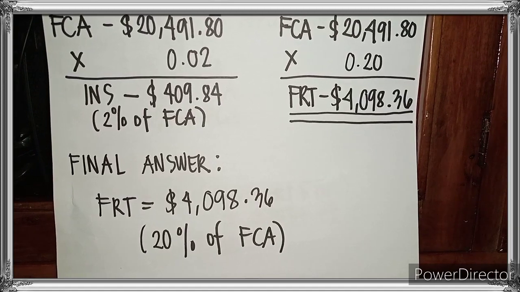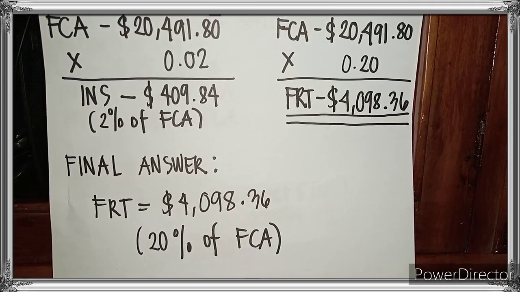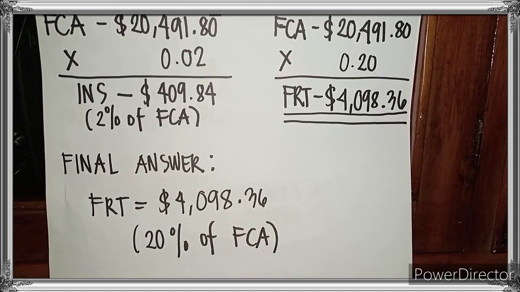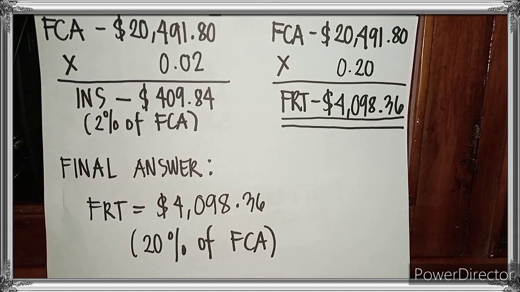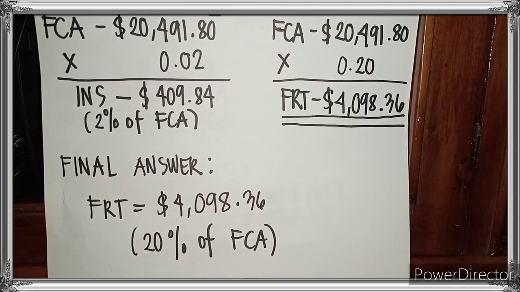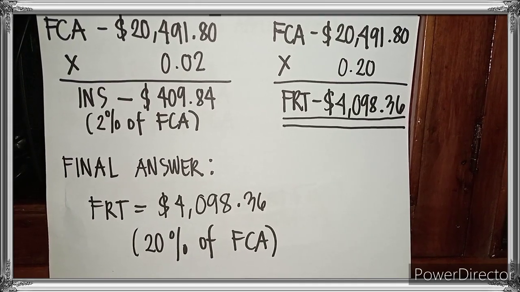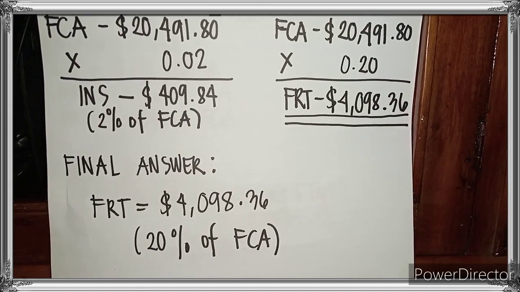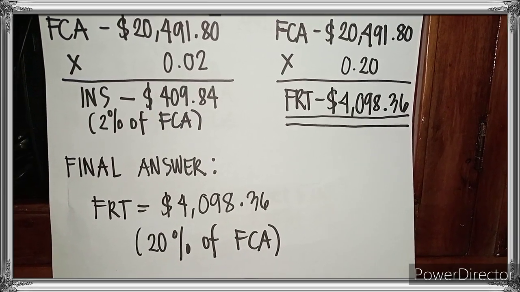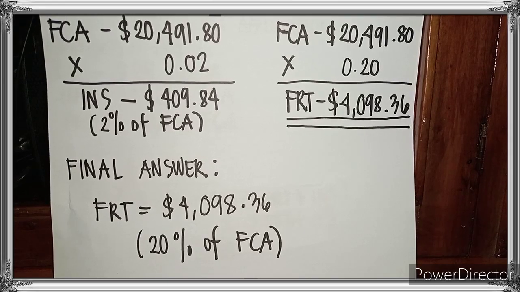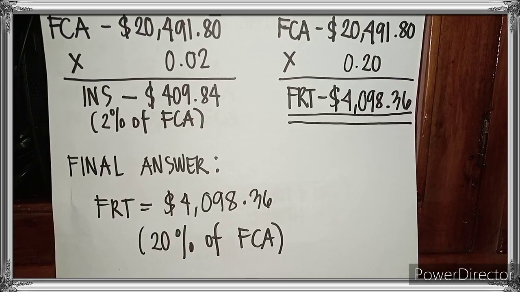What we have here is an insurance of $409.84. And then next is FCA of 20,491.80 times the 20% of FCA. Then we have a freight of $4,098.36. So our freight is $4,098.36, which is the 20% of FCA.